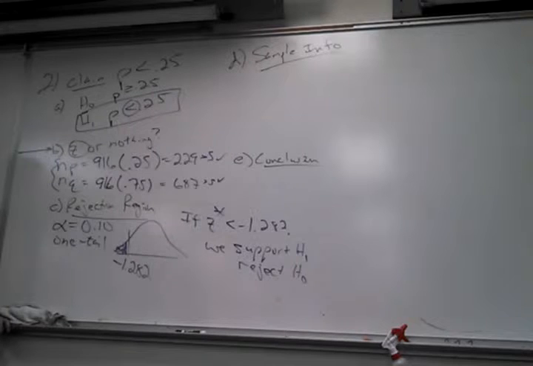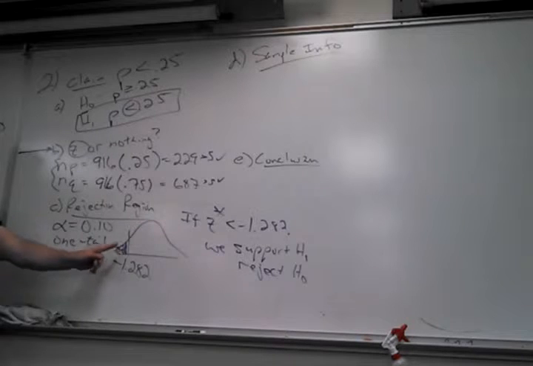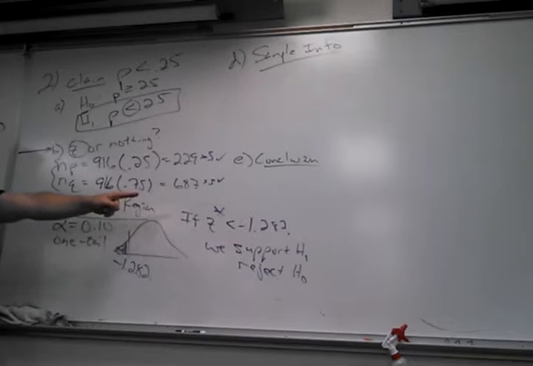I'm sure some of you have heard that the inequality points in the direction you shade. Back in algebra, if you had x less than 7, you're going to shade that way from 7. That points in the direction I'm going to shade. And that's my rejection region. Cool.